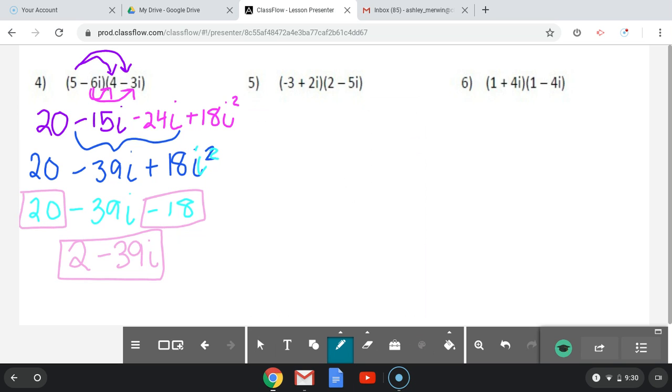All right, go ahead and FOIL number 5. See how you do. I'll do it as you do it on your paper.